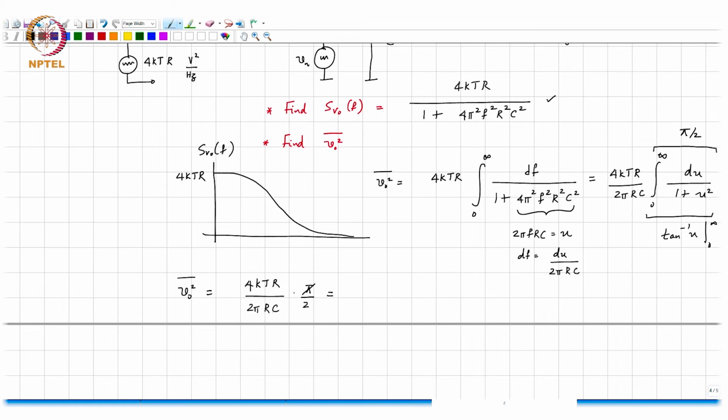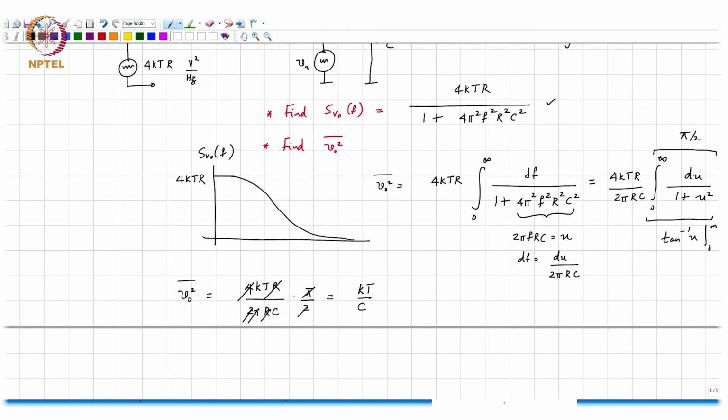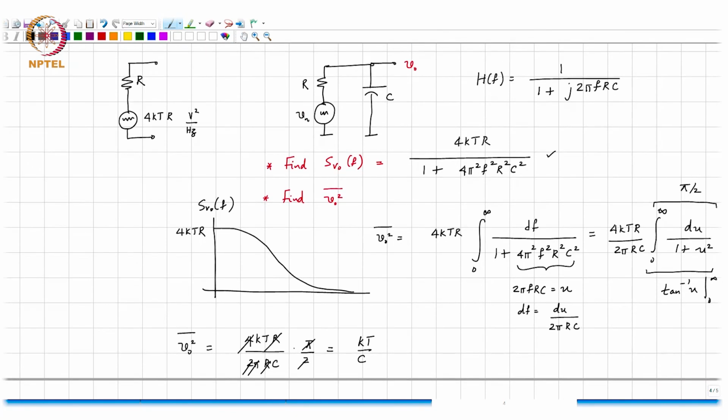Everything cancels out: 2, 2, 4, R. What do you get? kT by C. Alright. So, what is this telling us? That the mean square noise is the all important quantity kT over C.